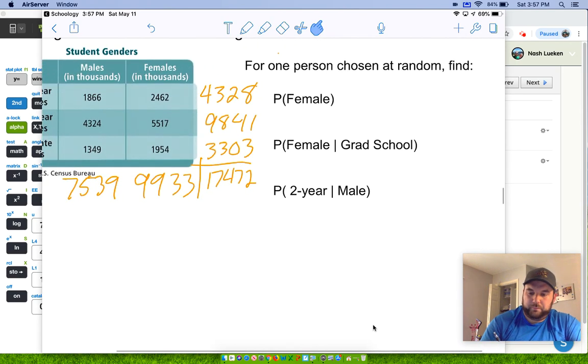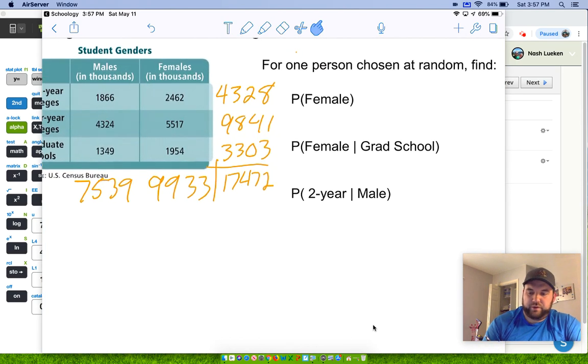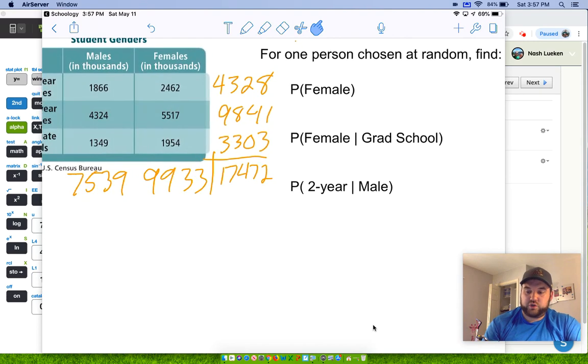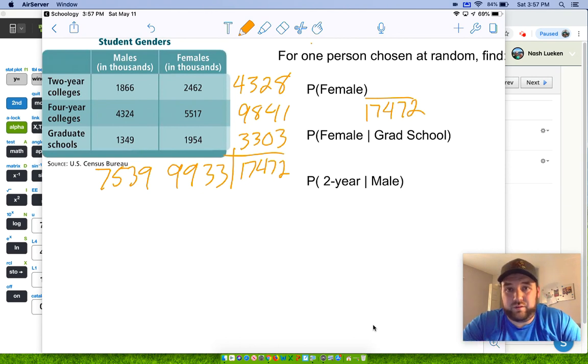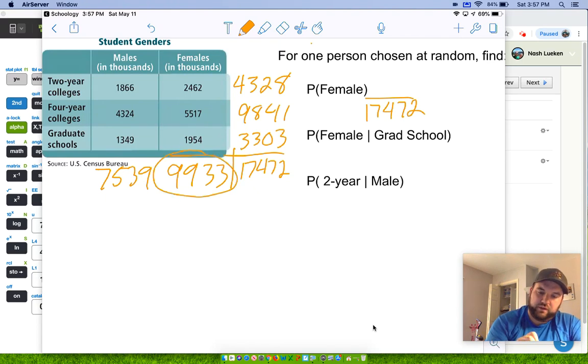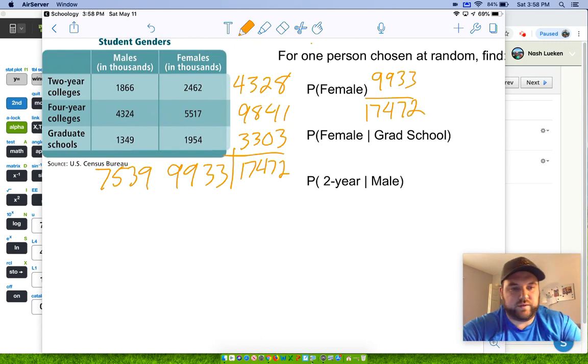Okay. So find the probability that one person chosen at random is female. Again, since there's no given event, my sample space is everybody, so it's 17472. What's the probability that they're female? It doesn't say they have to be in grad school or in a 2-year college, so I'm going to take the total of all the females. It'll be 9933 out of 17472.